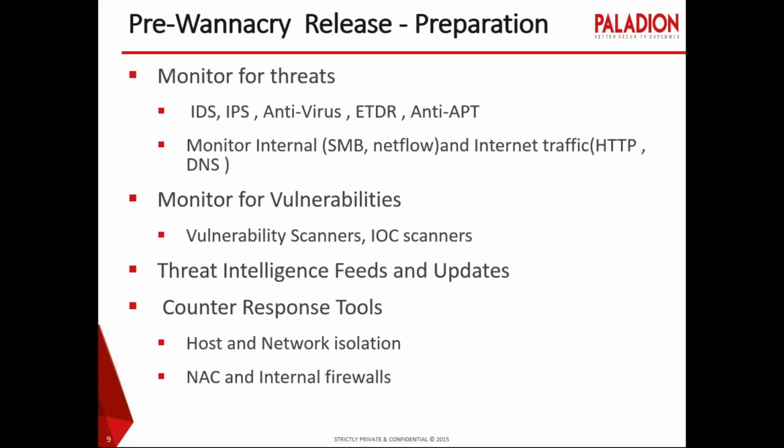Do we really have to send somebody to shut down the PC or disconnect the network, or can we digitally isolate it? It is very important to have quick response measures, including host isolation as well as network isolation. That is where internal firewall segmentation as well as tools like network admission control will help us.